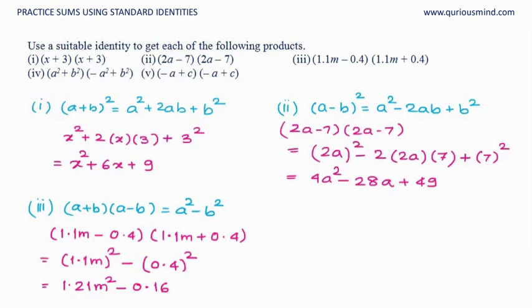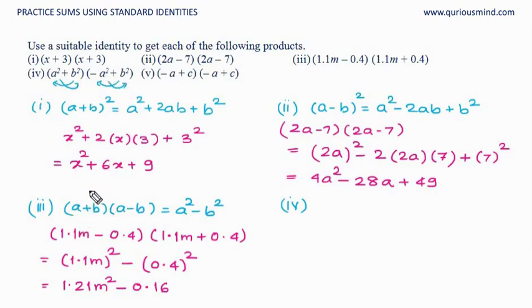Let's do the fourth one. (a square plus b square) in bracket, (b square minus a square). Now I'm going to just exchange them, this here and this here, and that will become (b square plus a square) and (b square minus a square).